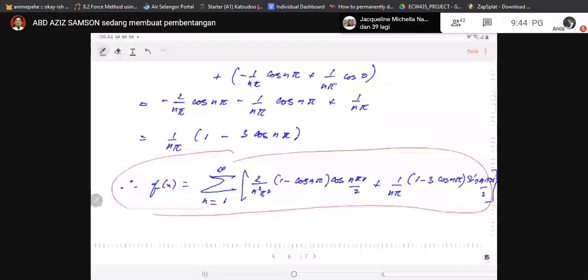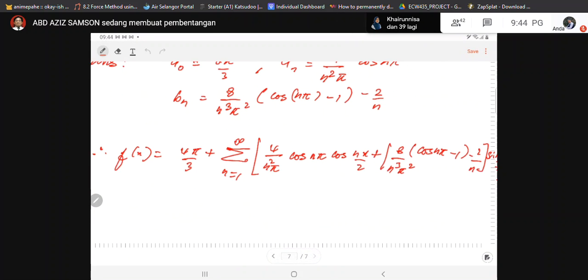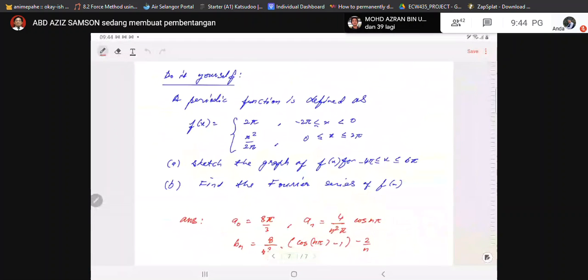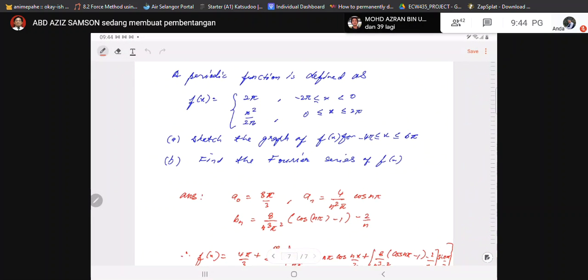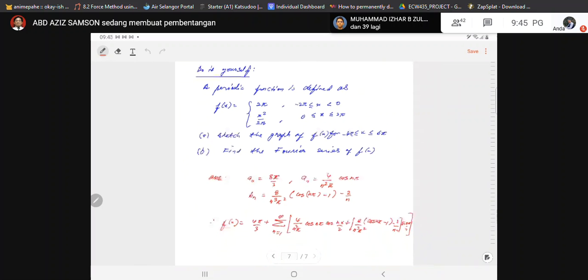So for the next part, I will post you the notes afterwards. And this is one exercise that you have to do. This is just a simple exercise. I hope you can do this one simple exercise.